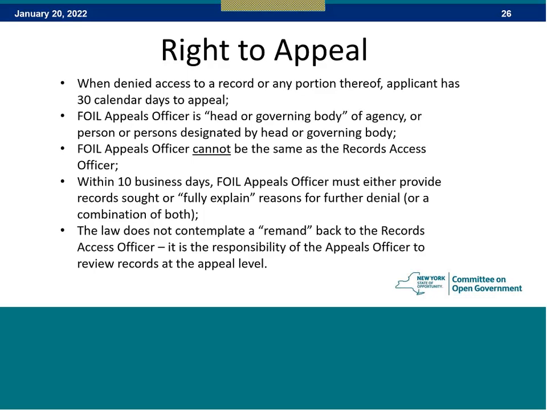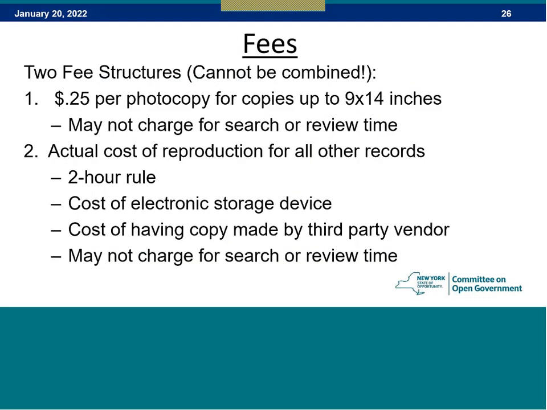There needs to be a full explanation for why they're going to continue to be withheld. It's important to note that the law does not contemplate a remand back to the Records Access Officer. It is the responsibility of the appeals officer to review the record and determine rights of access once they receive an appeal.